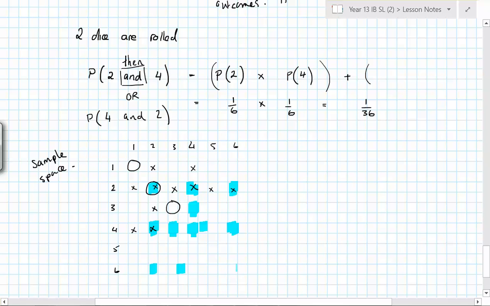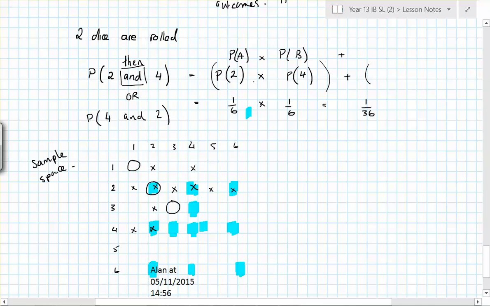What would the formula be for the probability of a 2 or a 4 for 2 dice? How would you calculate it? Well, when we've got more than one event, like you said, it's the probability of A times the probability of B, but you'd have to add however many times it happens.